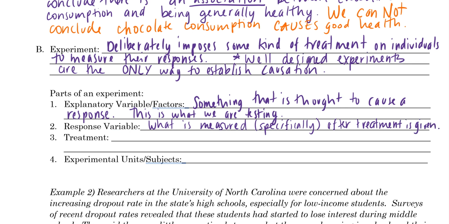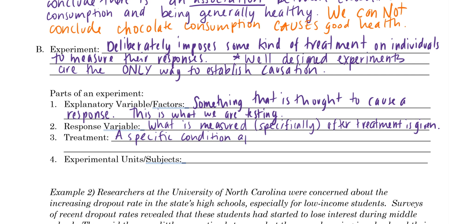Okay. Treatment, it's exactly what it sounds like. And treatment is going to be a more specific form of your explanatory variable usually. So treatment we're going to define as a specific condition, because it doesn't necessarily have to be a drug or, I don't know, something you're doing to someone. It could just be putting them in a certain situation. That could count as a treatment.